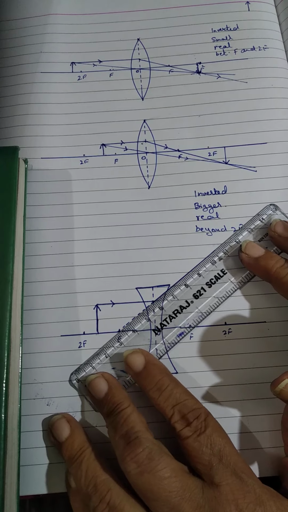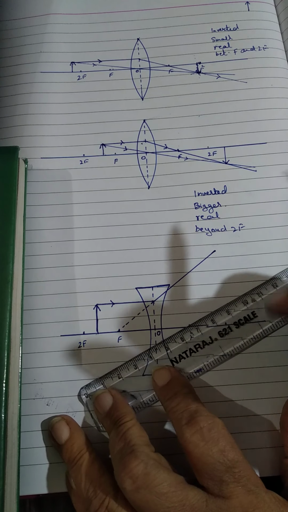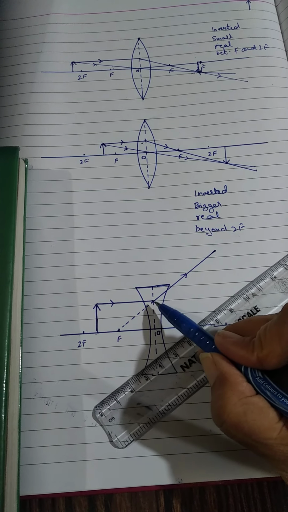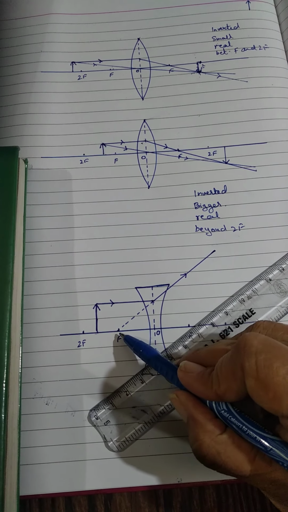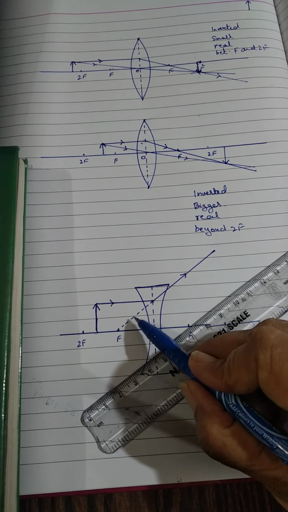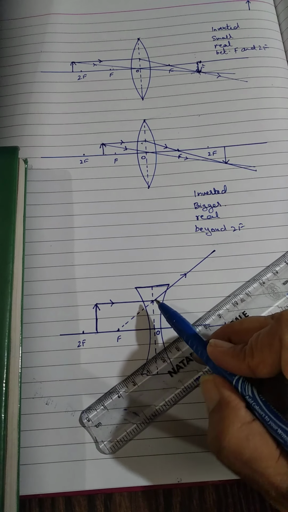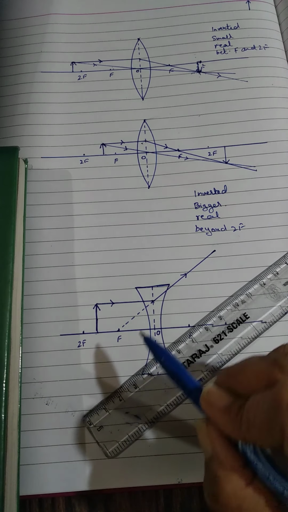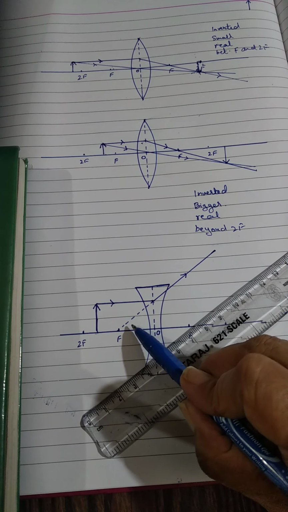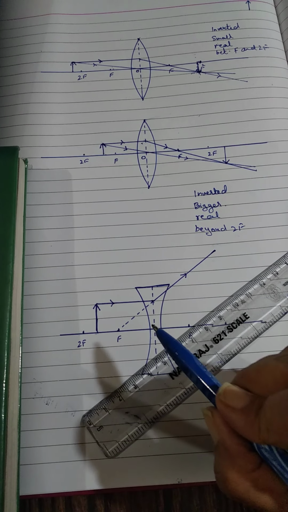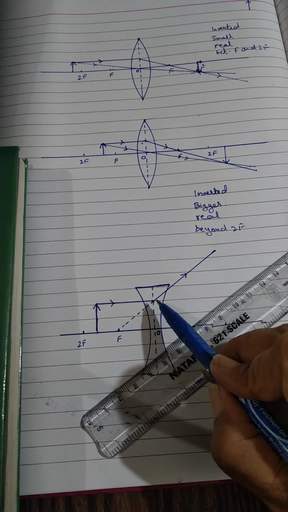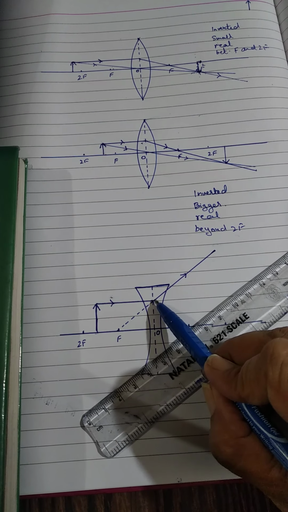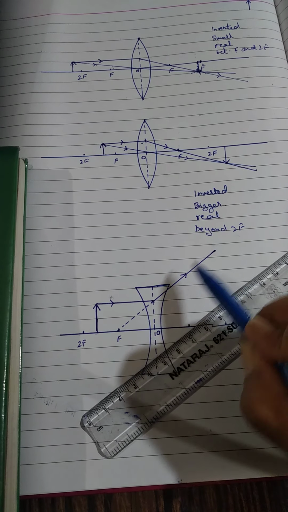It is a straight line like this, and if we are producing it backwards, this is not the actual refracted ray. It is the refracted ray which is produced backwards. Therefore, this ray is to be drawn with a dotted line. Mark it. Always draw this ray with a dotted line, not a straight line like this.